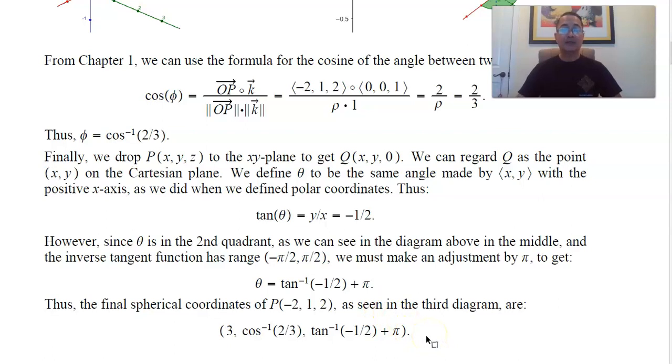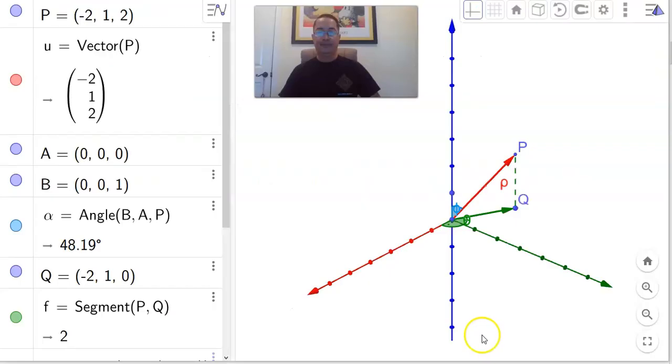So I made a little program in GeoGebra that allows us to play with these coordinates. Let's go there. And of course, this is how I made the screenshots. So here's my little program.